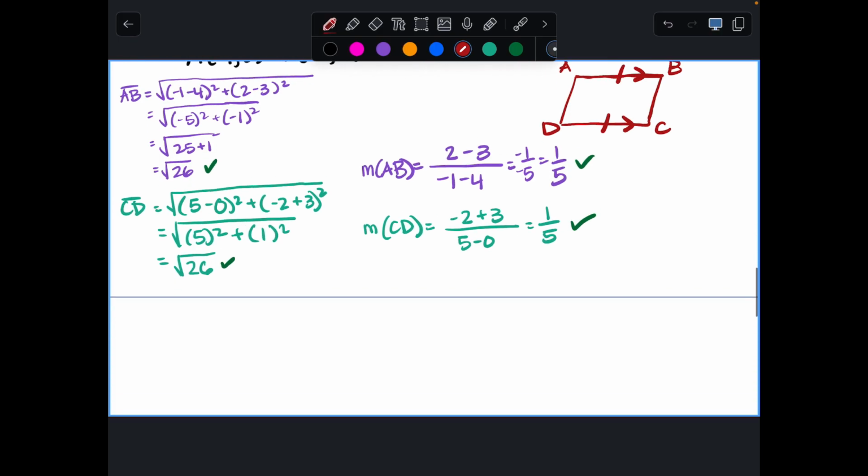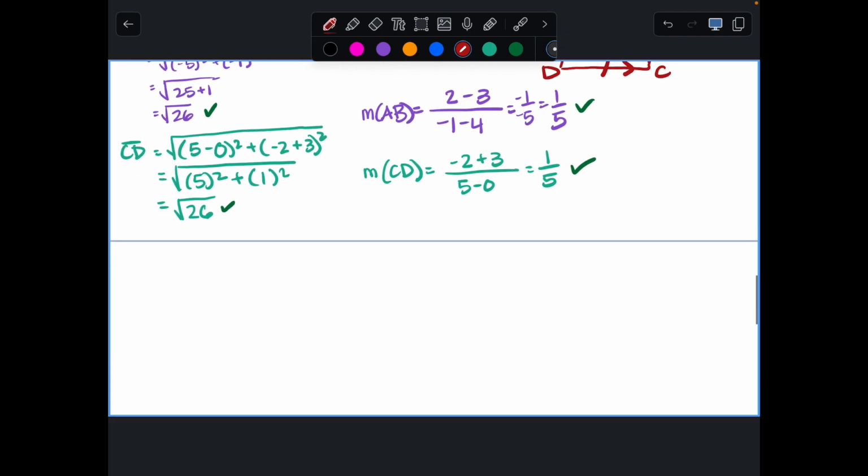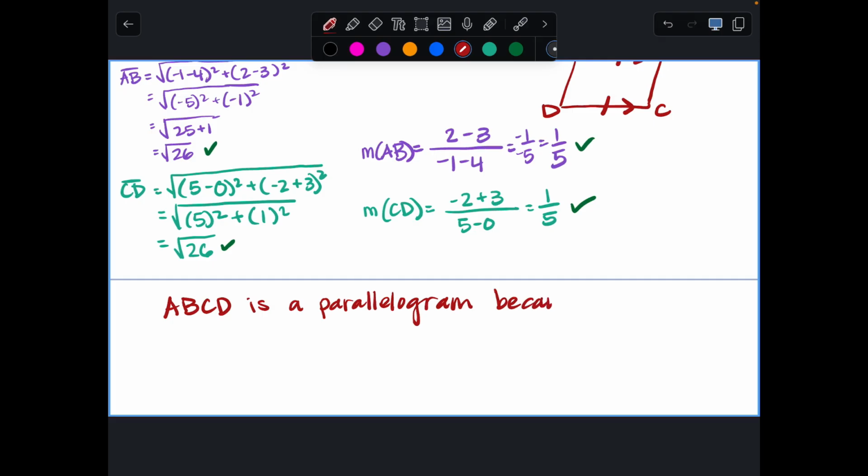So here is the final answer to my proof, and this is the most important part. You have to show your calculations, okay? You have to show that they match, but then your answer is ABCD is a parallelogram because, and then you're going to state what you just proved, which is that AB is congruent to CD and AB is parallel to CD.